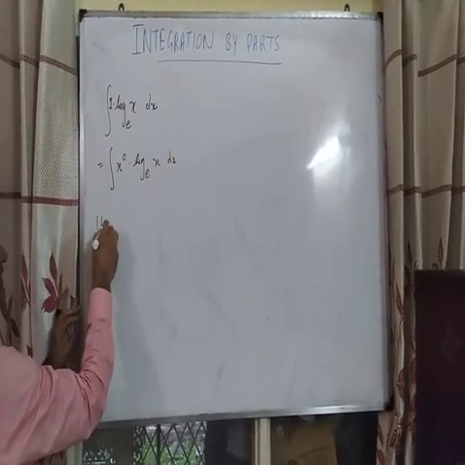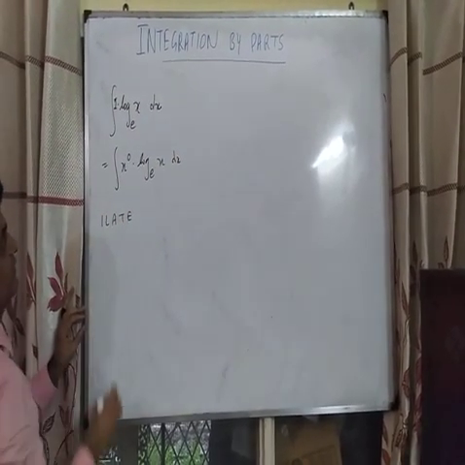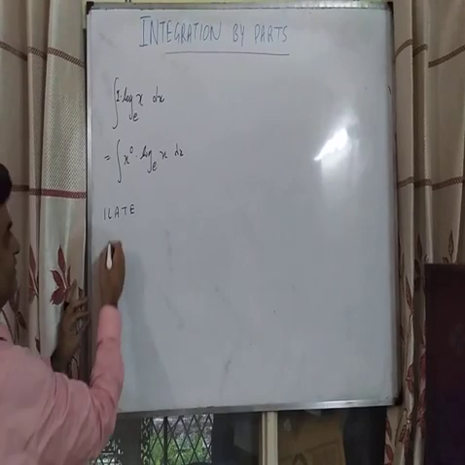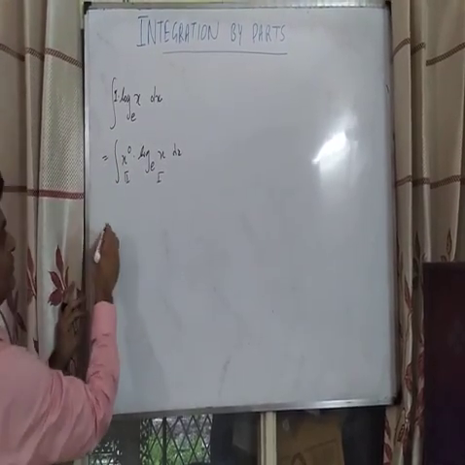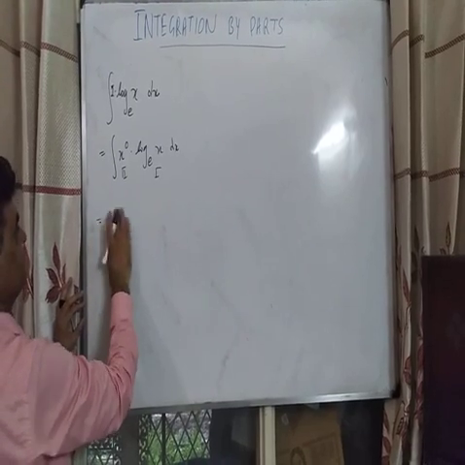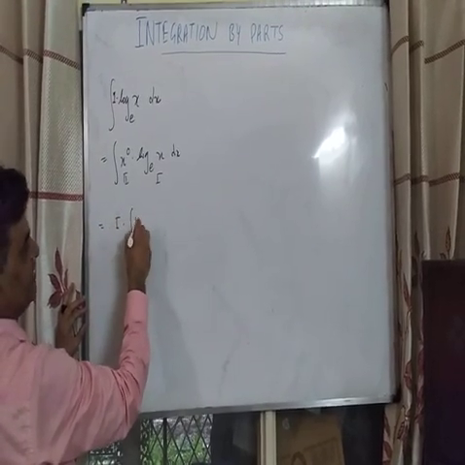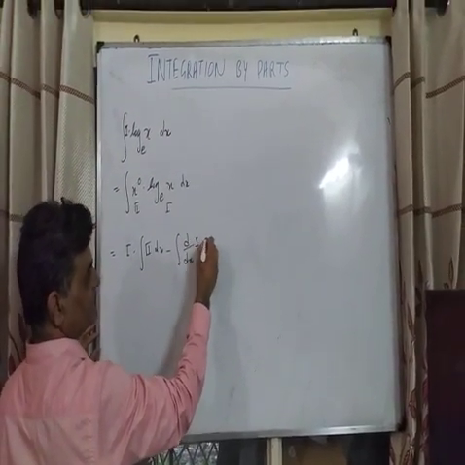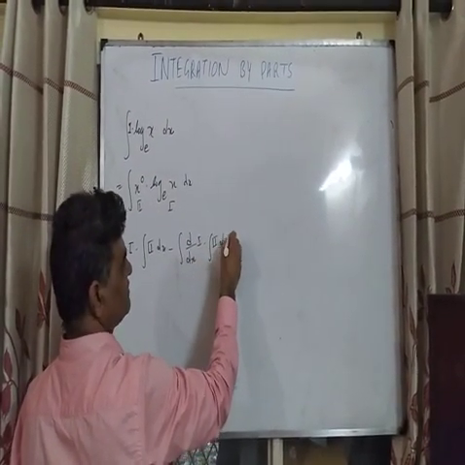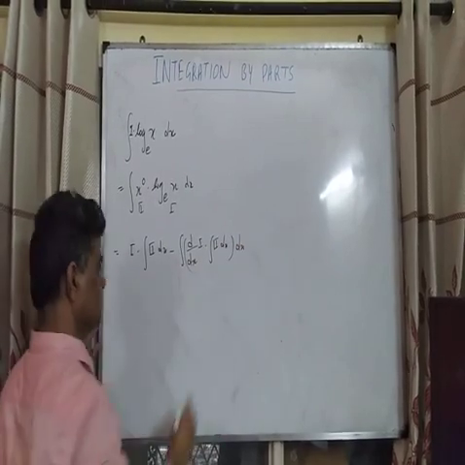So as per ILATE, we'll take the logarithm function as first and the algebraic function as second. Again we are using: first function, integration of second function, minus differentiation of first function, integration of second function, and integration of whole of this.